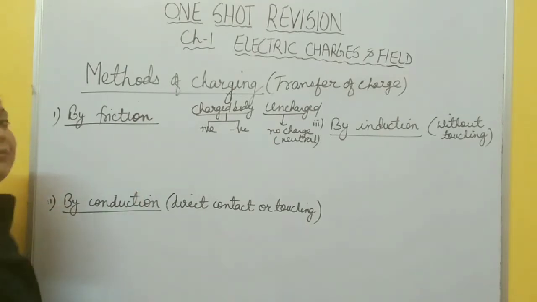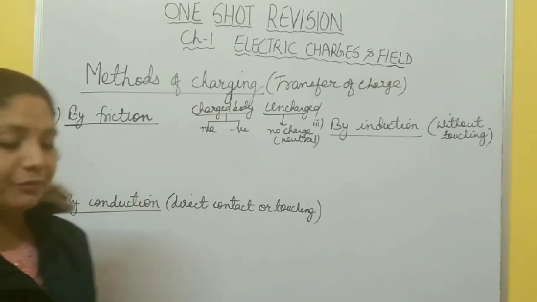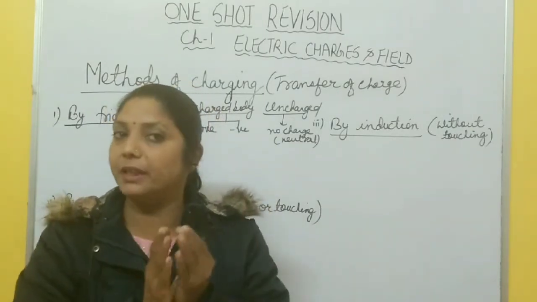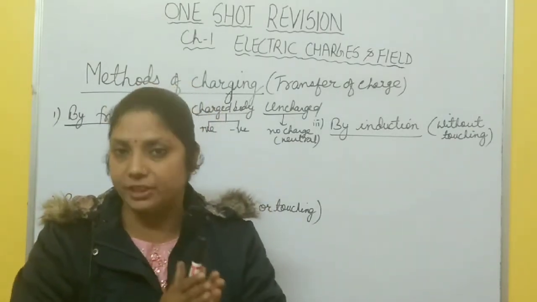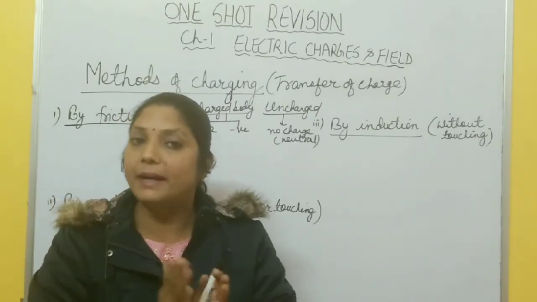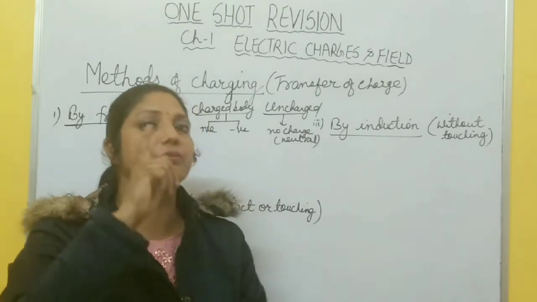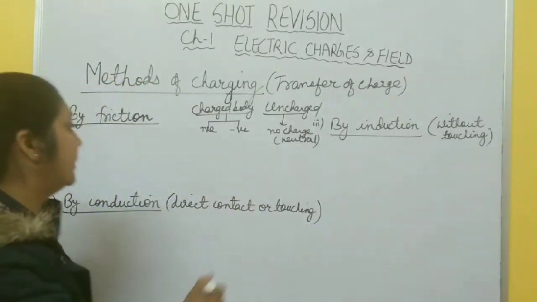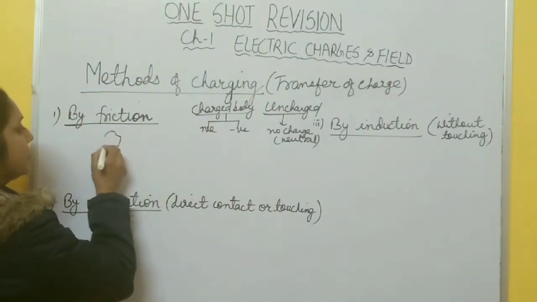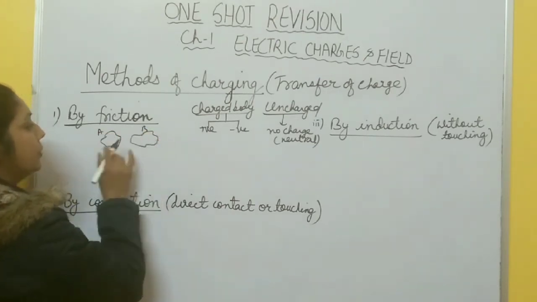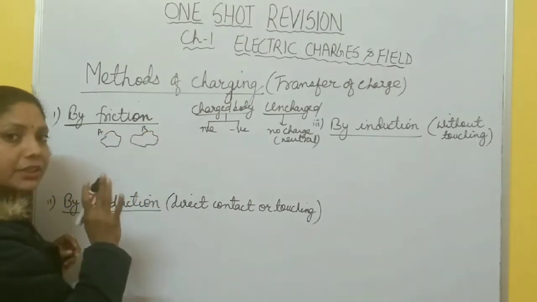First one is by friction method. What does by friction mean? Suppose there are two bodies, A and B, and both are rubbing with each other. By rubbing, heat is generated and there is transfer of electrons from one body to another body. Suppose this one is body A and this one is body B. Both are neutral, uncharged.